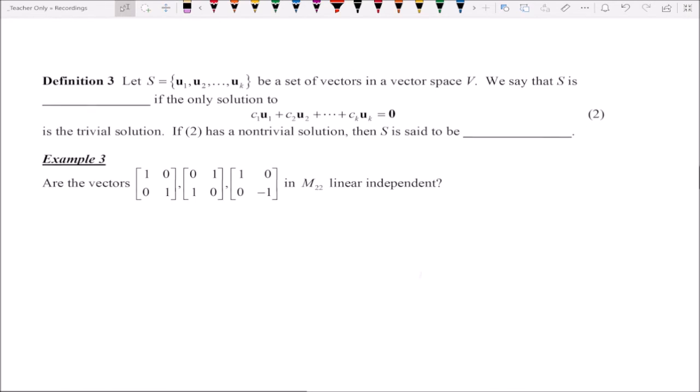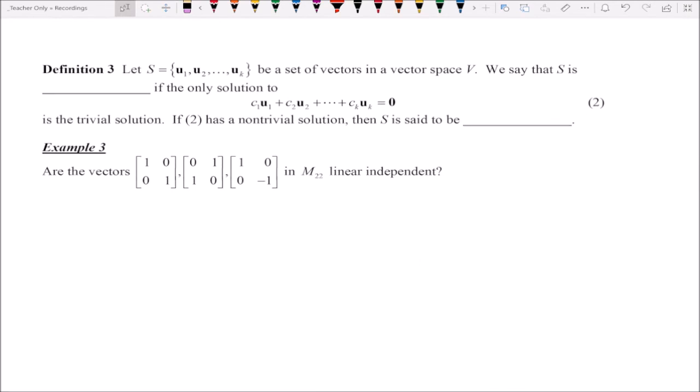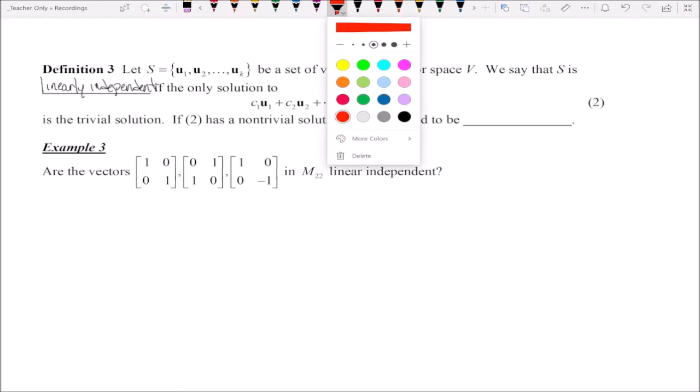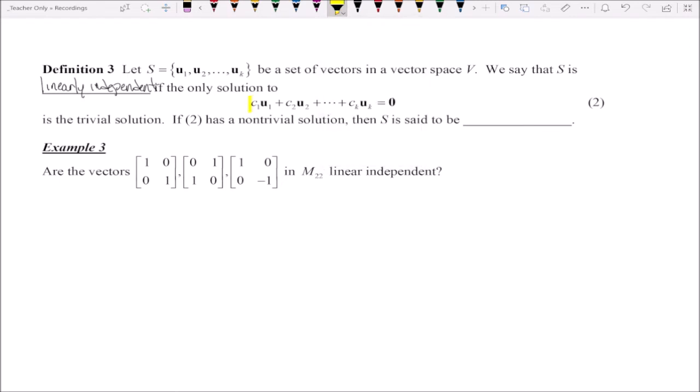Right? Now let S be a set of vectors in a vector space V. We say that S is linearly independent if the only solution to this system is the trivial solution.